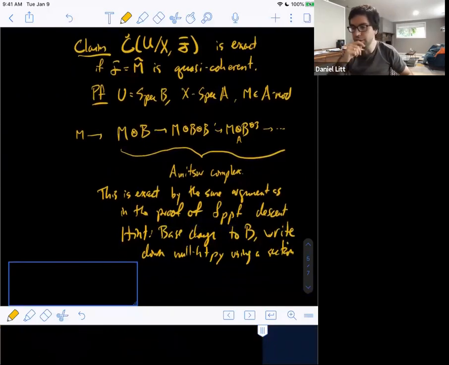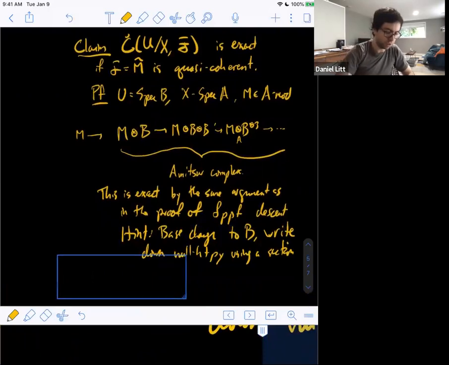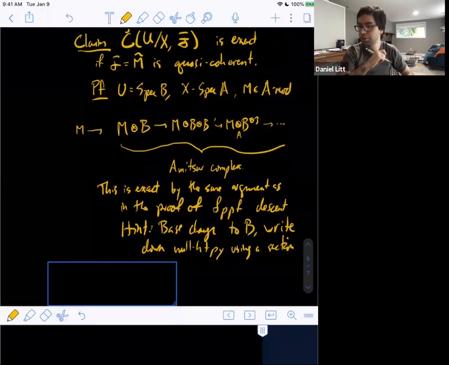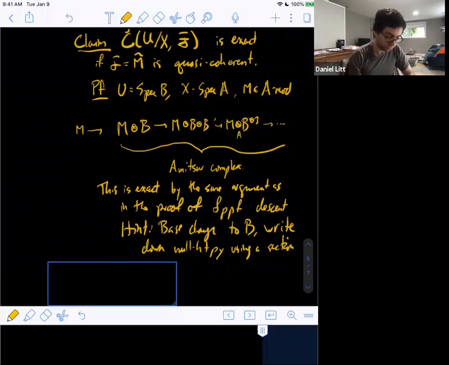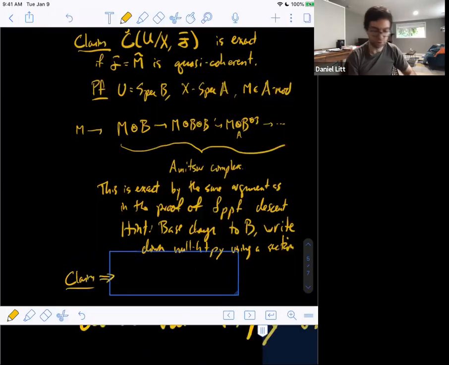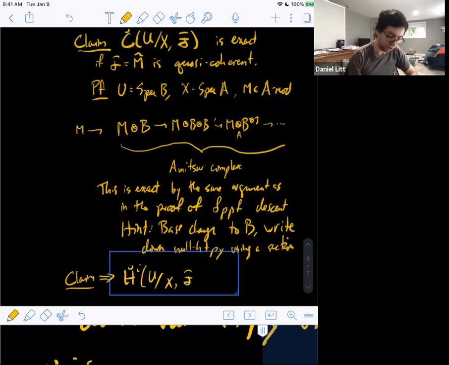Okay, so what does the claim imply? Can anyone tell me what this tells us about Čech cohomology of U over X with coefficients in a quasi-coherent sheaf?